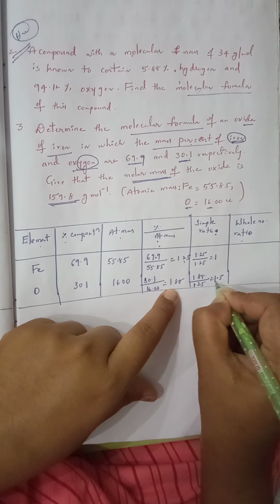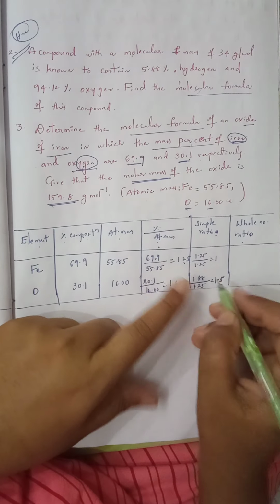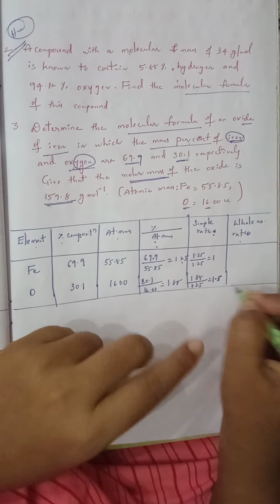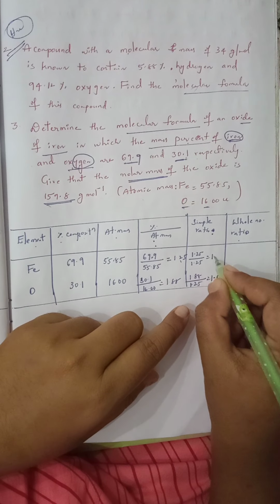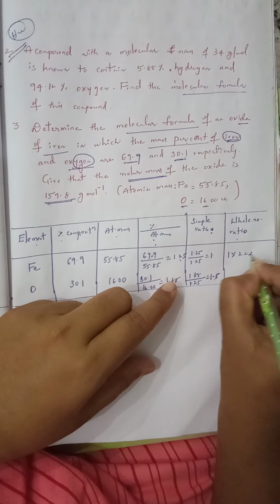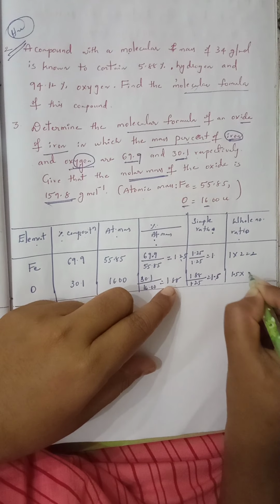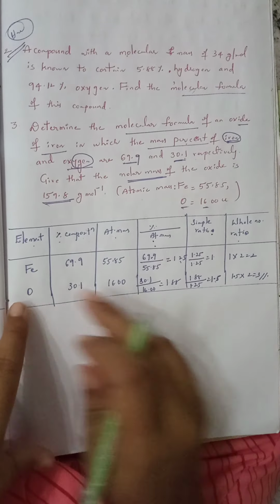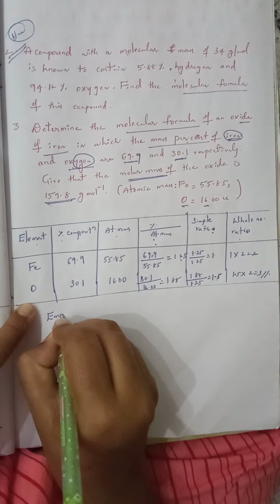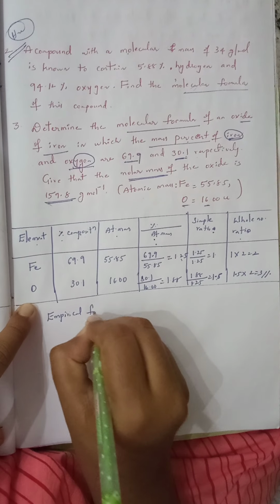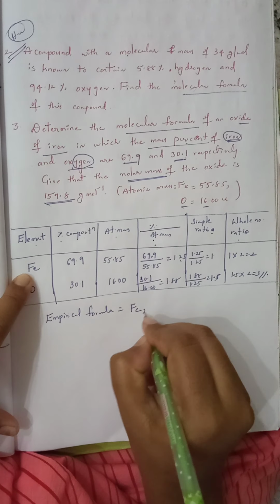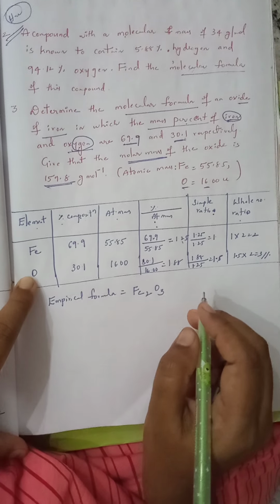Since it is exactly at .5, you multiply both by 2 to get the whole number ratio. 1 times 2 equals 2, and 1.5 times 2 equals 3. That means iron is 2 and oxygen is 3. Then the empirical formula is Fe2O3.